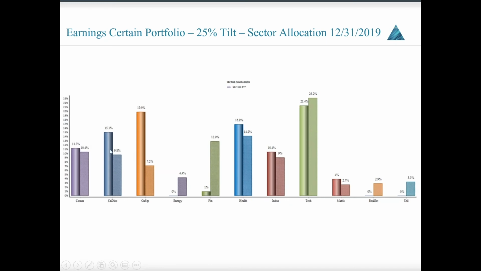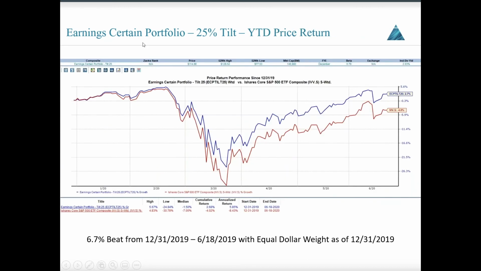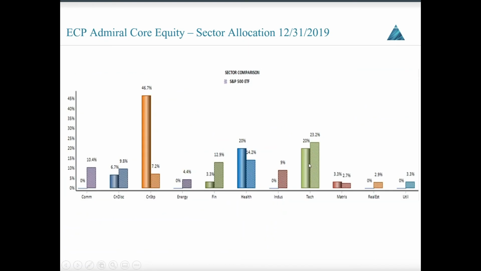Consumer discretionary with Amazon goes to an overweight on the S&P 500, and you can see the kind of returns you're looking at. So this is a 6.7% beat year to date for the earnings certain. This is the broader 75 stock group with a 25% tilt over the IVV.